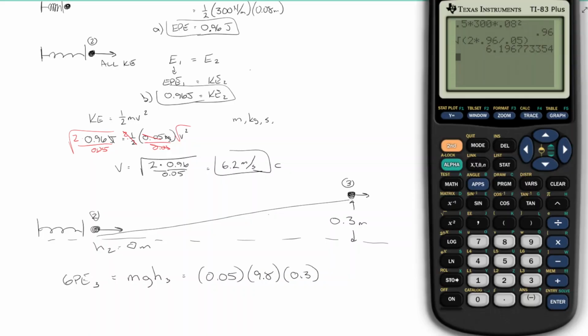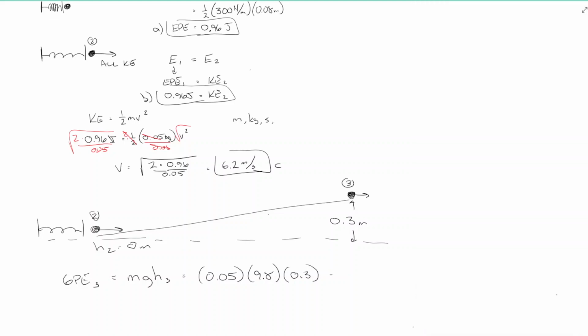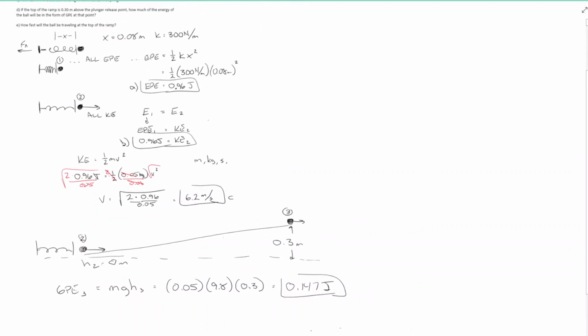And that's going to give me the energy in the form of gravitational potential energy. Which means I have, in the form of GPE, 0.147 joules of GPE. That is the gravitational potential energy at that point. So that's my answer for D.